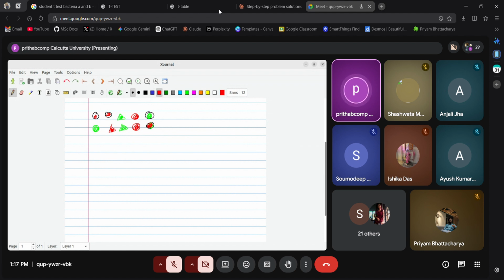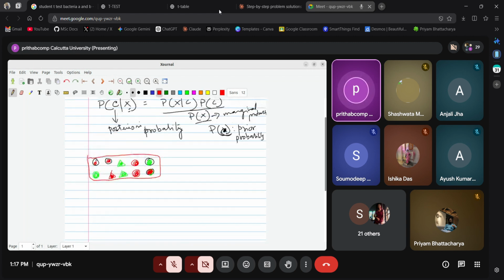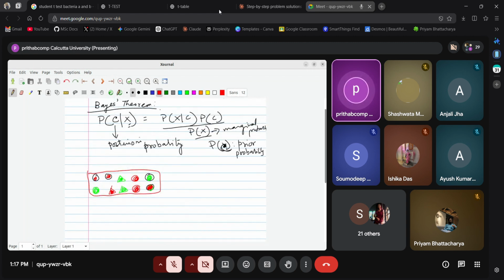Let me put this as red to understand properly. So if you have such a kind of thing, we'll just look at Bayes theorem in a little more detail so that it becomes very clear.